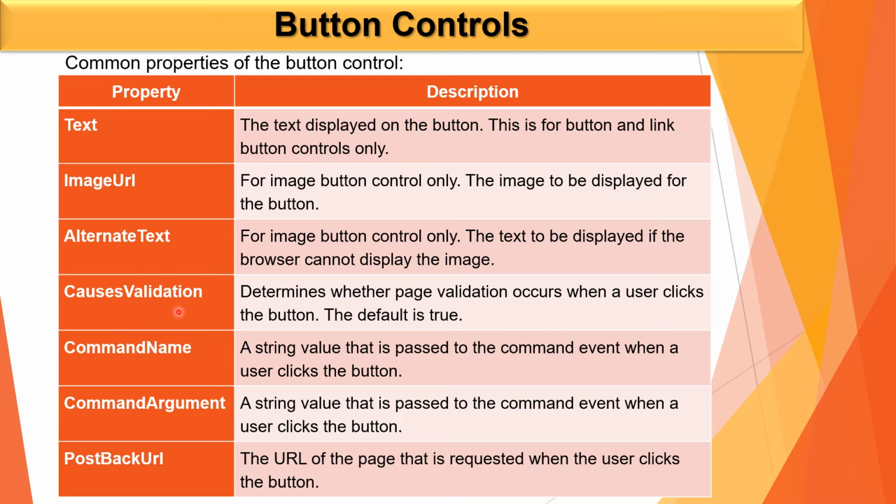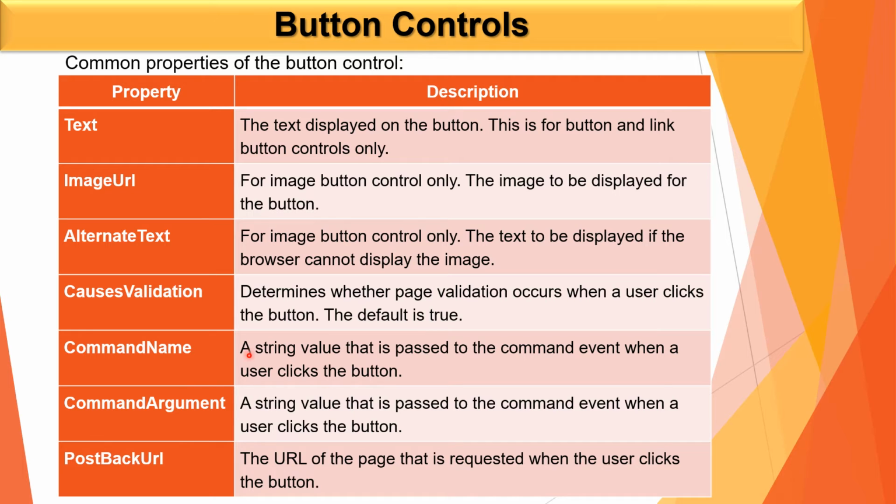Then the next property is CausesValidation. This determines whether page validation occurs when a user clicks the button. The default is true, so the button can be clickable.